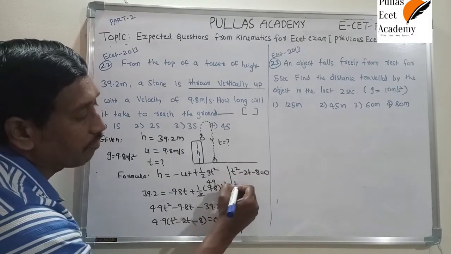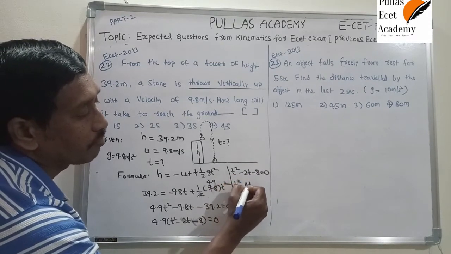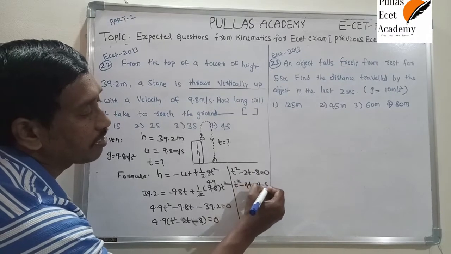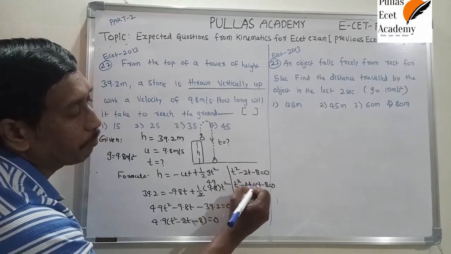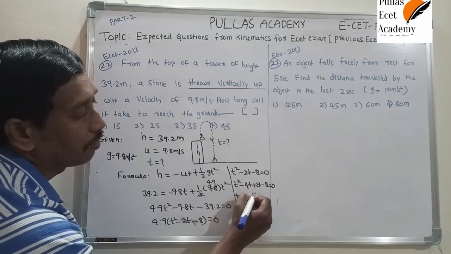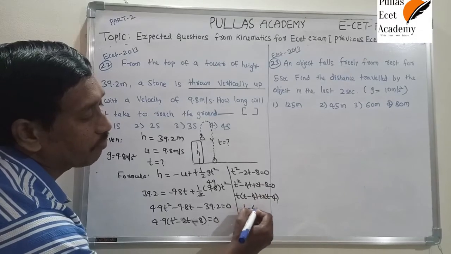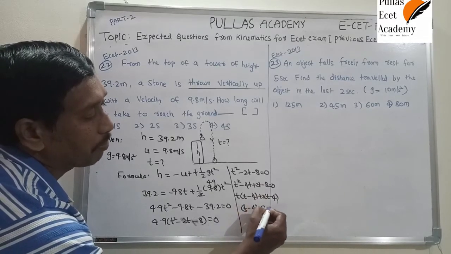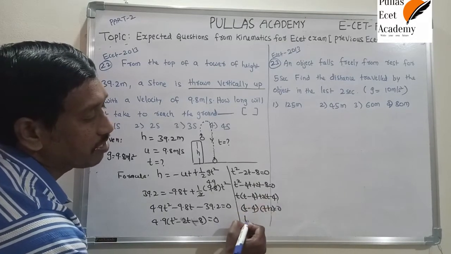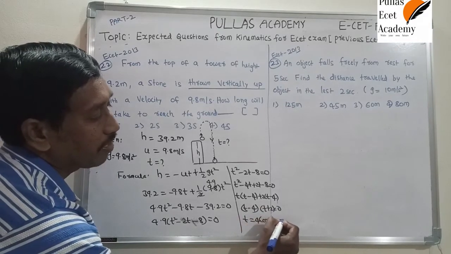If you simplify, 8 means 4 twos are 8, so minus 4t plus 2t minus 8 is equal to 0. Minus 4t plus 2t is minus 2t. Taking t common, t(t minus 4) plus 2(t minus 4) is equal to 0. That means (t minus 4)(t plus 2) is equal to 0. So t is equal to 4 seconds or t is equal to minus 2 seconds.